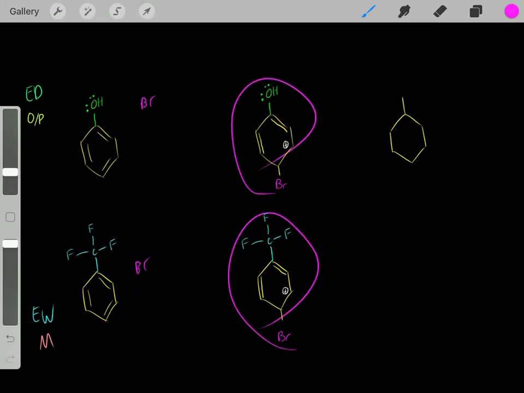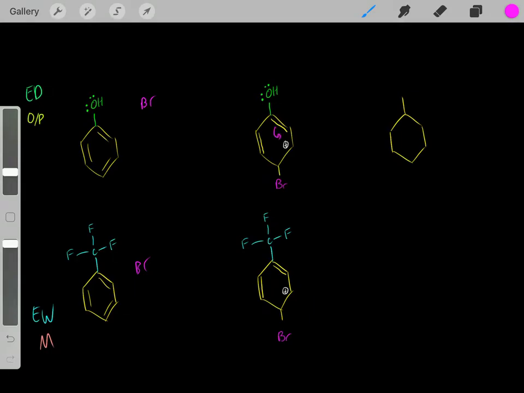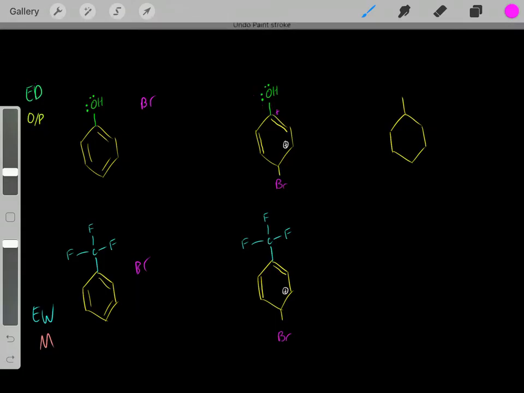Now let's analyze these structures, and let's see if they're reasonable. Well, we know we have resonance. For example, in this example, if you drew the resonance structure, you would have a resonance structure with the positive charge here, these electrons falling down, and you would have a positive charge here. But remember, this electron donating group can stabilize that positive charge.